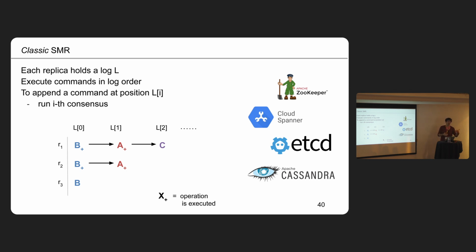And so replica 3 has not yet executed command B. This technique is used in systems such as Zookeeper, Spanner, and, for instance, if you are using Kubernetes, the etcd storage system inside Kubernetes uses it to maintain metadata consistency. Or at larger scale, you have also Apache Cassandra that is doing this. So this is what I will call in this talk classic SMR, classic state machine replication.